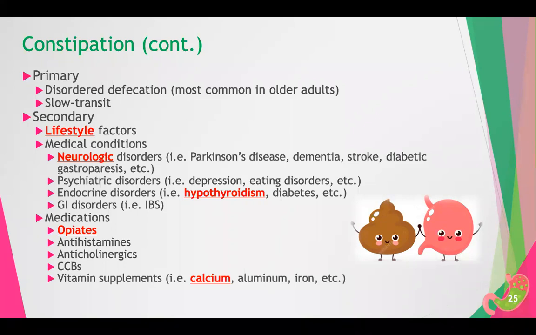And of course, medications can contribute to developing constipation, like our opiates, our narcotic pain relievers, antihistamines, anticholinergics, calcium channel blockers, and then some of our vitamin supplements. So we talked about calcium earlier in terms of how it can cause constipation, and of course aluminum and iron as well. So there's a lot of different things that can cause secondary constipation.